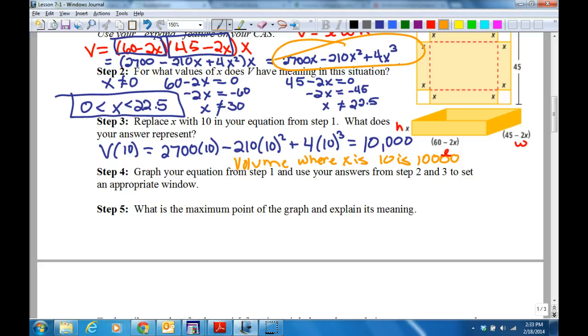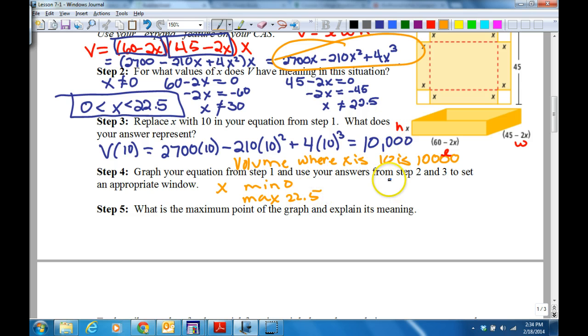Okay, so now it says graph your equation from step 1 and use your answers from steps 2 and 3 to appropriate the window. So first of all, our x values. Our minimum is what? 0. Our max is what? 22.5.